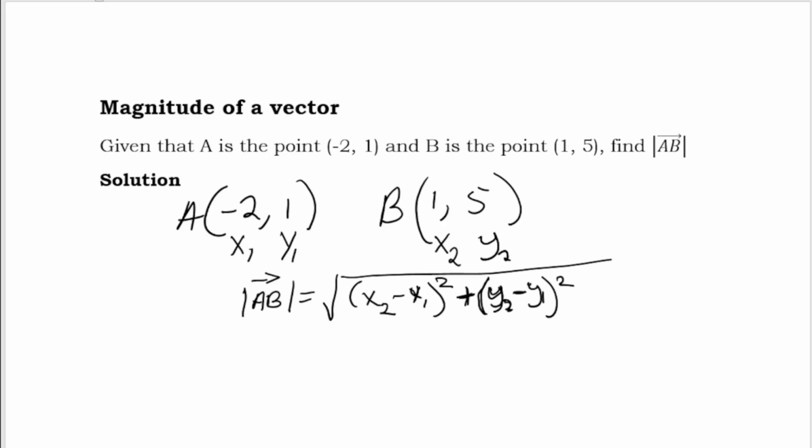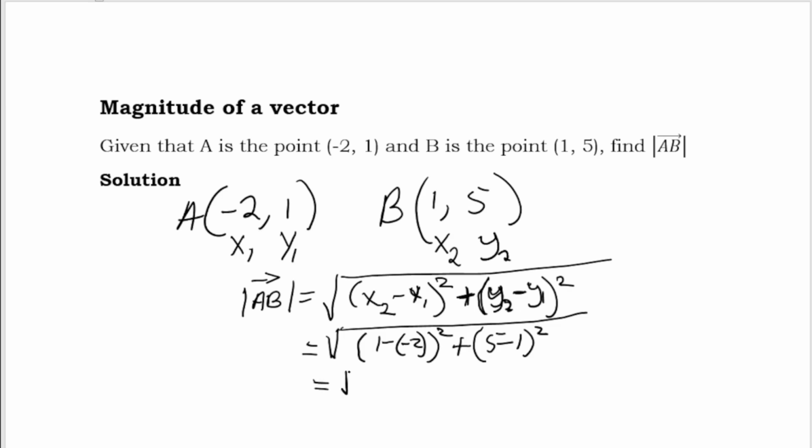When we substitute the values, it becomes the square root of 1 minus -2, everything squared, plus 5 minus 1, everything squared.